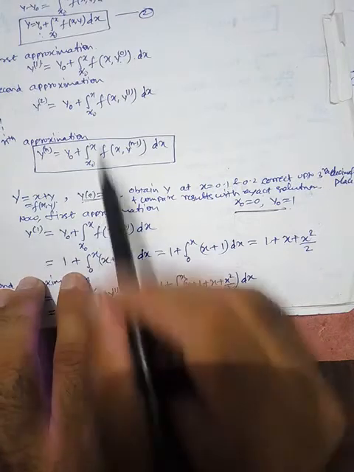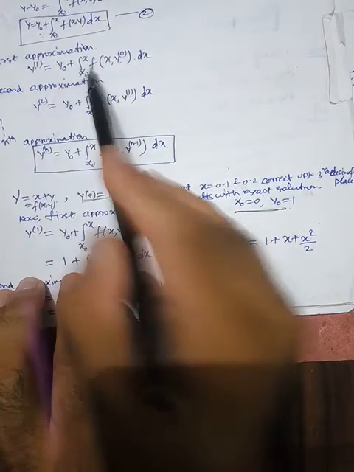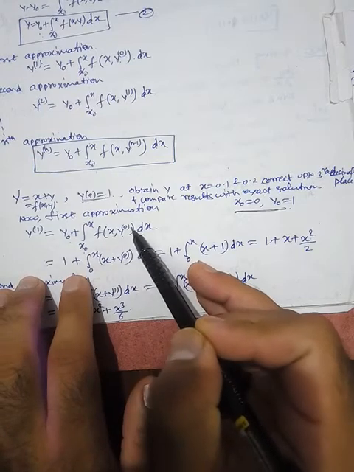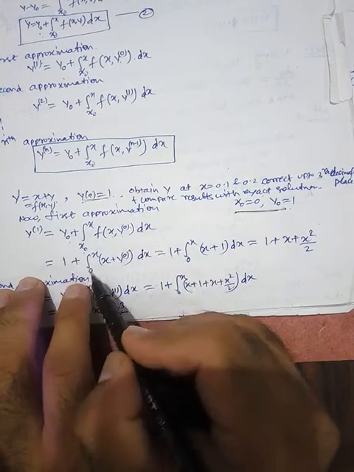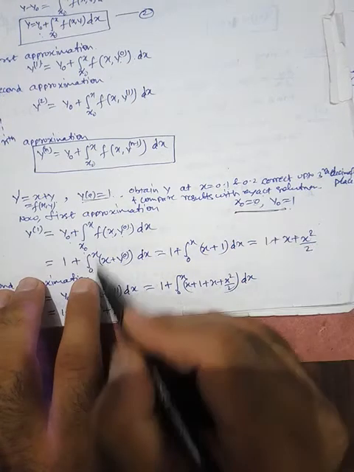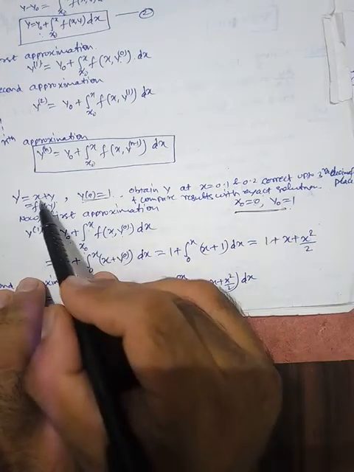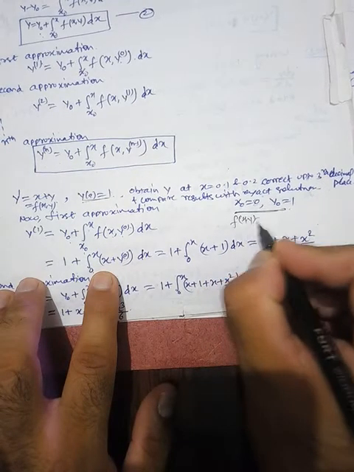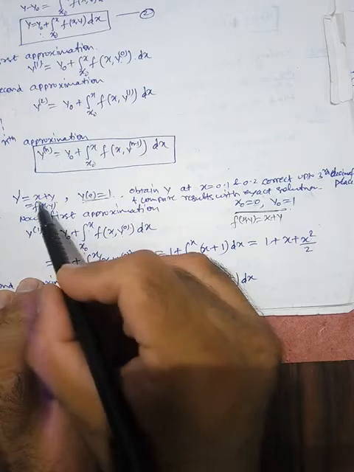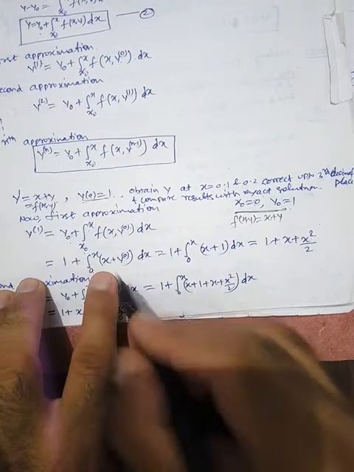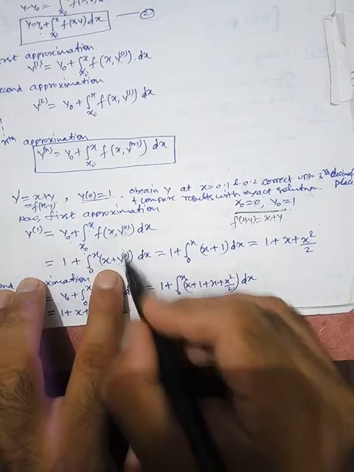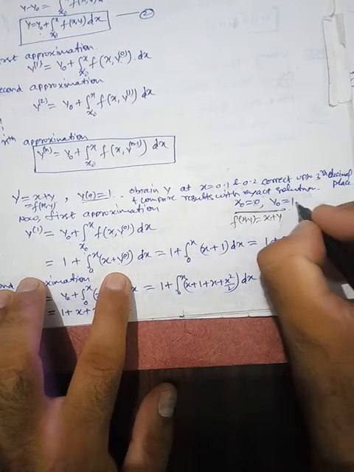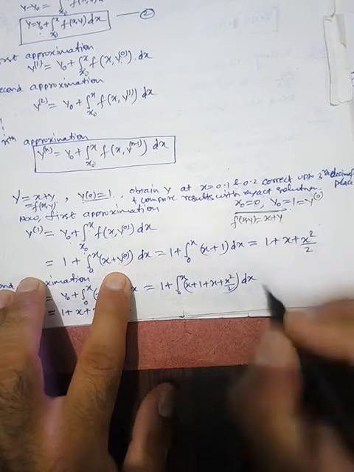Fine. So now the first approximation is given by y naught plus the integral from x naught to x of f of x, y dx. That is 1 plus, x naught is 0, and the function f of x, y is x plus y. So x plus y naught dx, but y naught is 1.